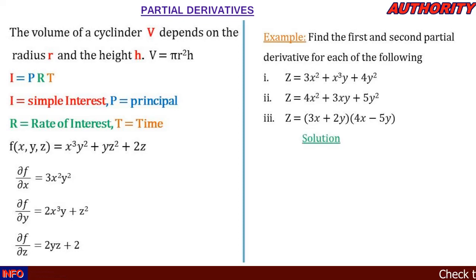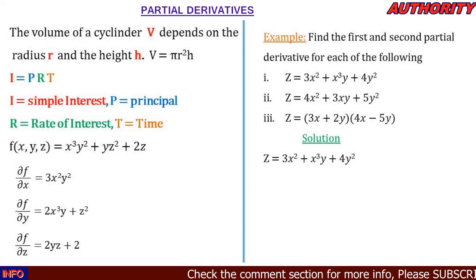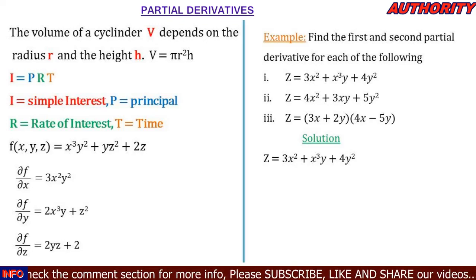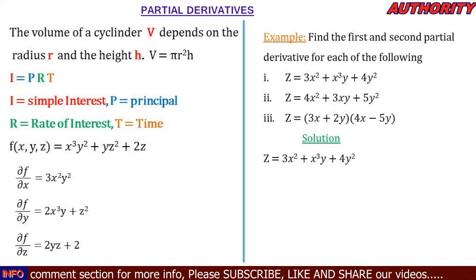Okay, now let's go. Number 1, we have z is equal to 3x squared plus x cubed y plus 4y squared. So here we're going to find the first derivative of this z with respect to x. That is, we're going to differentiate this function with respect to x.